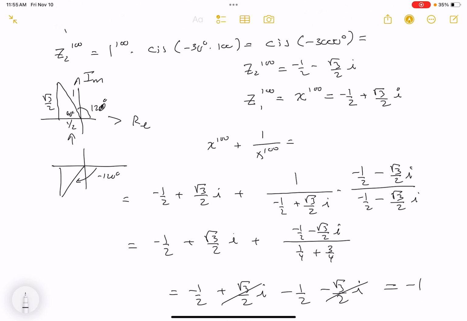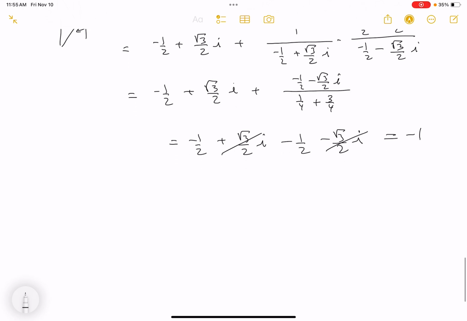And this is going to be x to the 100 again. We already did this one. Now we're doing this one here. All right? Let's write that down. So we're going to write x to the 100 plus 1 over x to the 100. That's going to be minus 1/2 minus root 3 over 2i plus 1 over minus 1/2 minus root 3 over 2i.